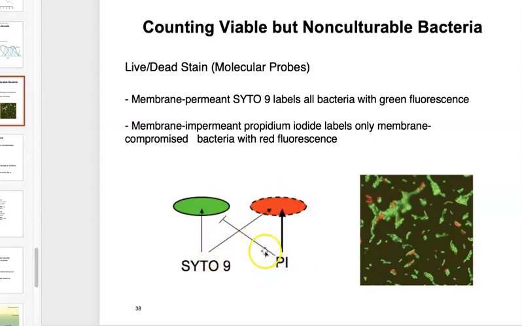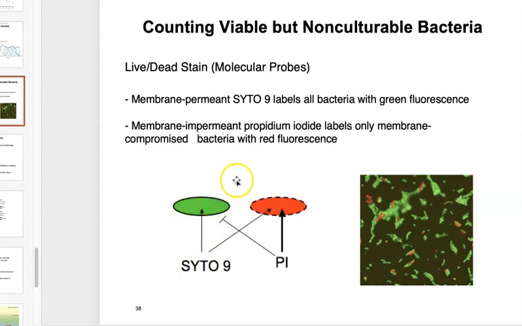Propidium iodide, however, does not permeate into live cells, but strongly permeates into dead cells. And so as a result, the red propidium iodide floods inside these dead cells and stains them red, whereas the green SYTO 9 floods into the live cells and stains them green.